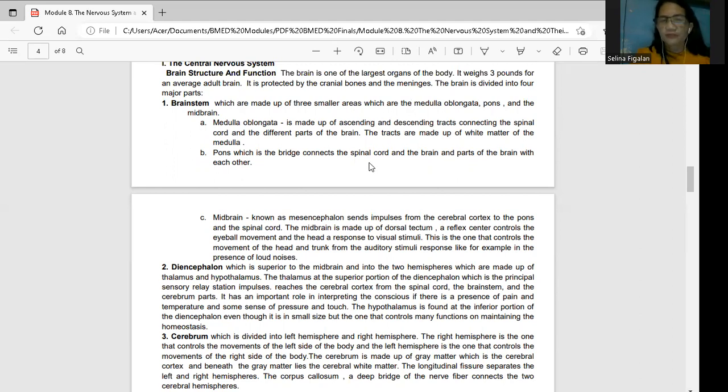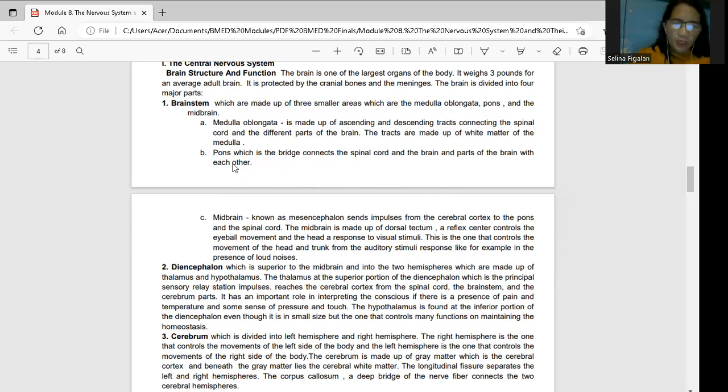Okay, connect the spinal cord and then the brain. Okay, so wala palang picture dun, pero nandun sa inyong PPT. Okay, so that is the one that connects, or the bridge between your brain and then your spinal cord, is your pons. Okay, so tingnan nyo na lang sa PPT, and then your medulla oblongata, and then the other one is the midbrain. Okay, so another term for your midbrain is the mesencephalon.